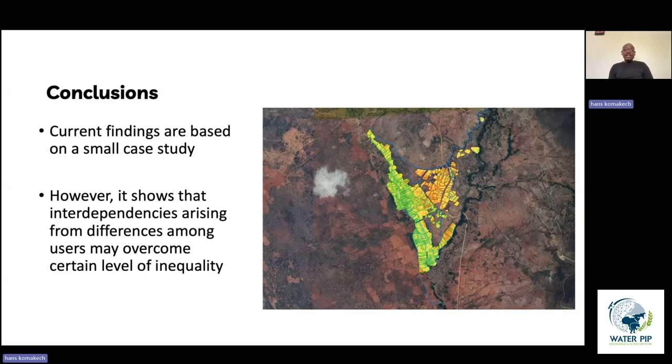However, it shows that sometimes where there are interdependencies that arise from differences among users, they may in a way overcome certain levels of inequality. I'm not saying that at all levels of inequality. So this is what we were able to find.